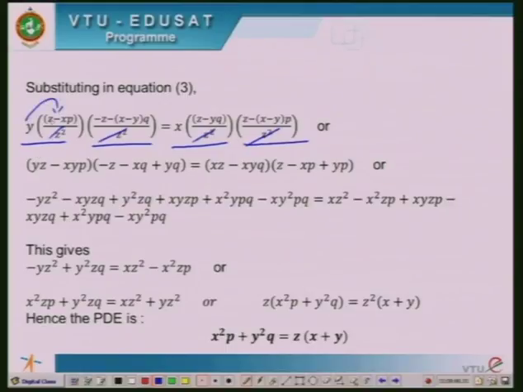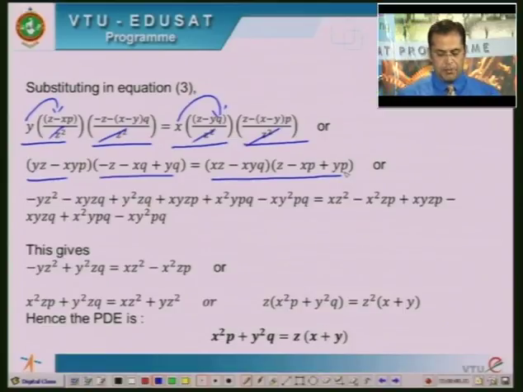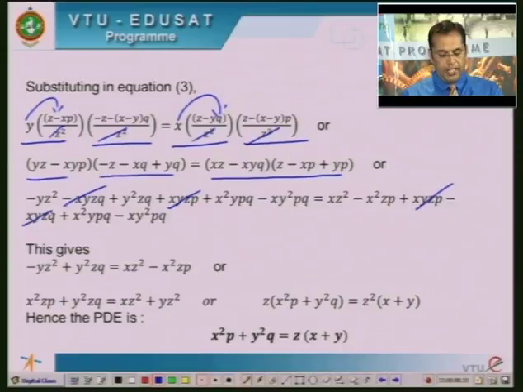First I have taken this y and multiplied to this, take x and multiply to this, rearrange, multiply the left hand side terms and right hand side terms and cancel the terms which are equivalent. You can see that xyzp cancels, then xyzq here as well as here cancel. Rearrange by taking all p and q to LHS, remaining terms to RHS to give you this expression.